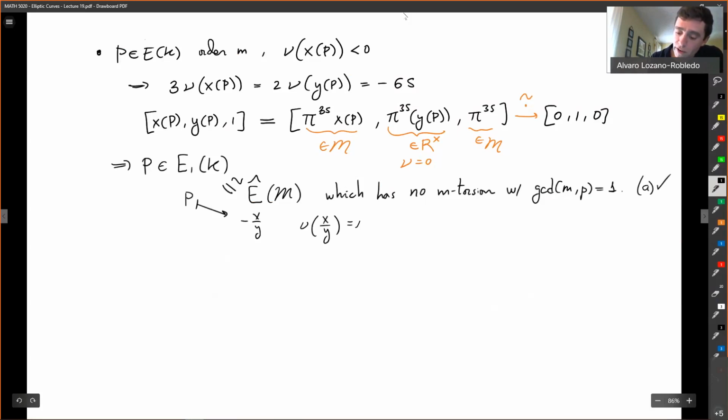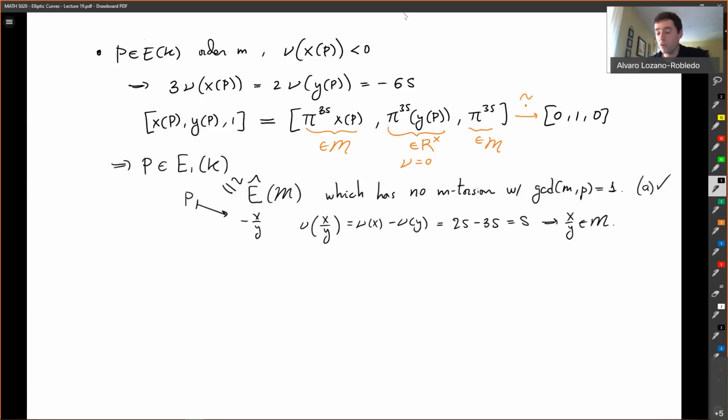That is the valuation of x minus the valuation of y, which is 2s minus 3s, it's s, and therefore x over y is in the maximal ideal, which is another way of saying that it maps to E hat m. But now we're going to use this for part B.